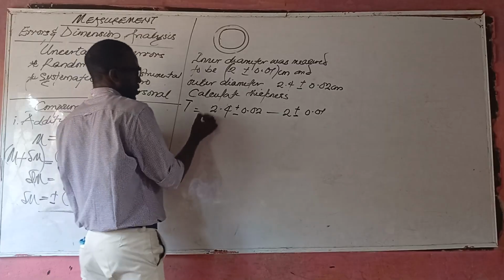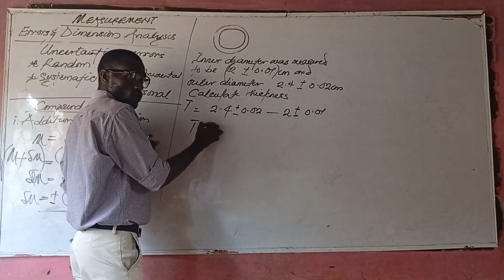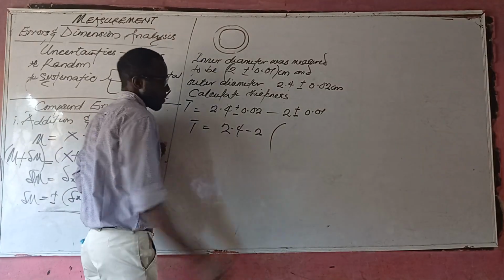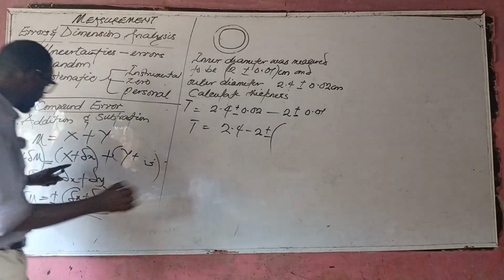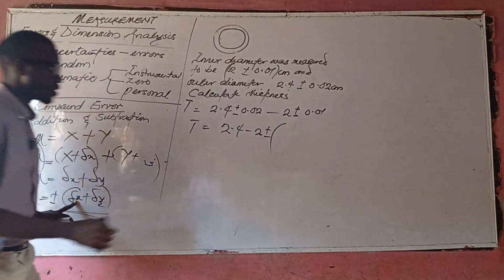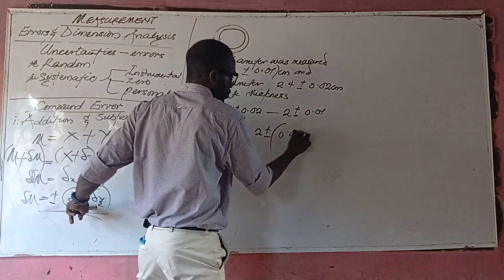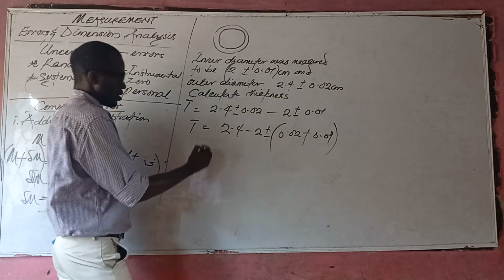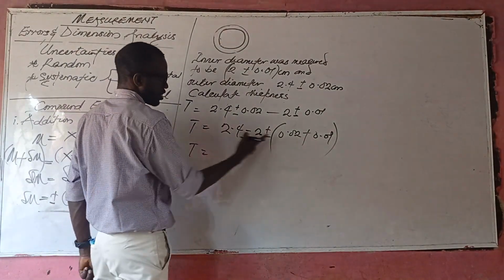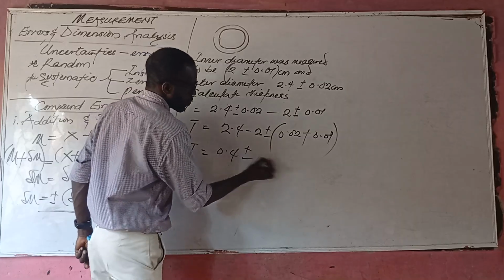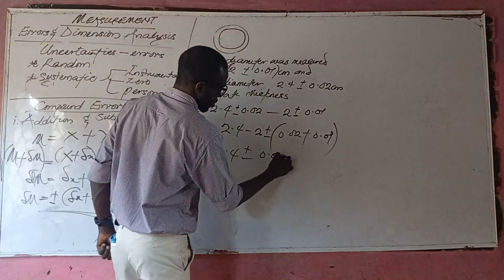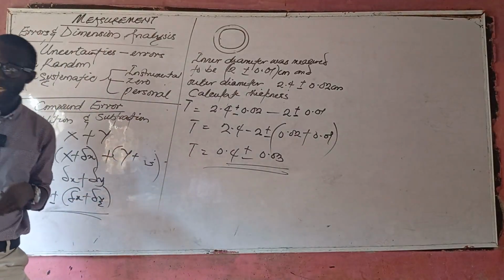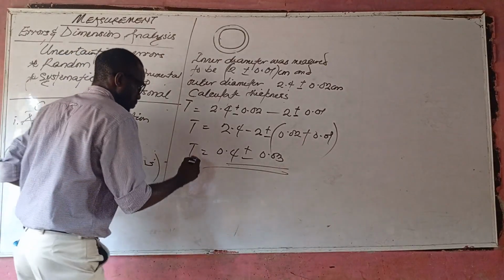Let's call it T. So T will be 2.4 minus 2.2, plus or minus, according to the rule, plus or minus what? This small 0.02 plus 0.01. So T becomes 0.2 plus or minus 0.03. This is the erroneous calculation. What if you are now asked to calculate percentage error?